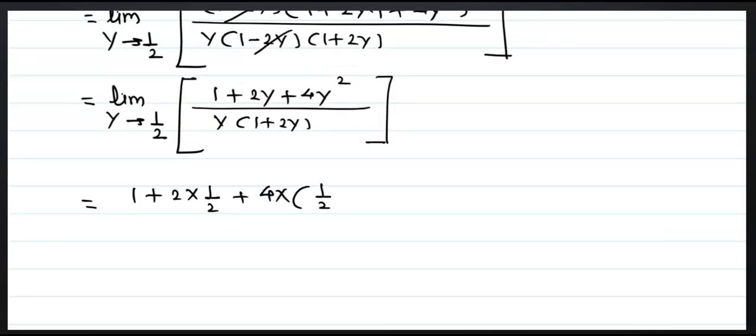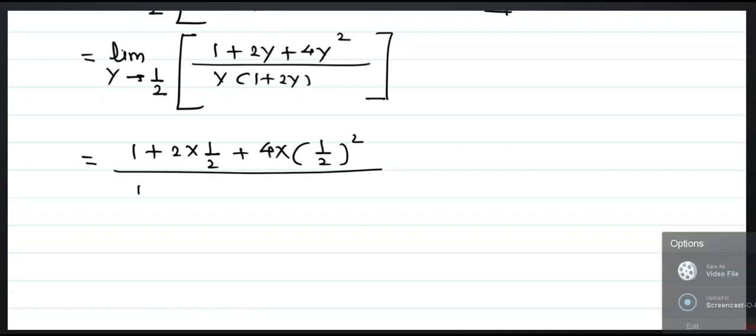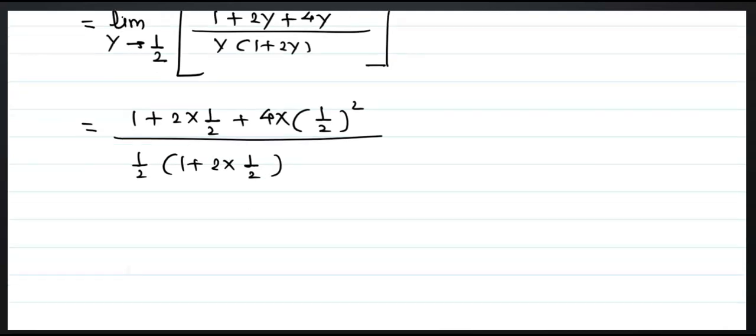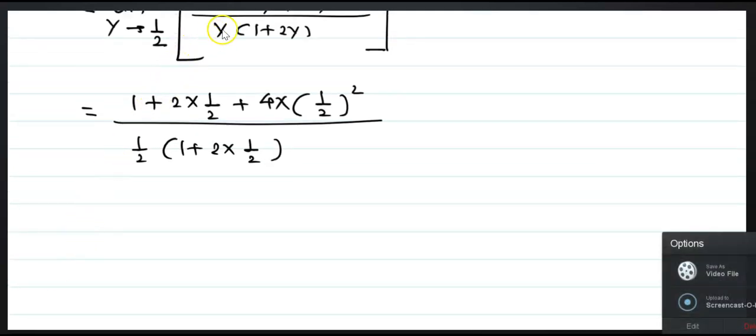Now see this here. In the numerator, that is 1 plus 2 into 1 upon 2 plus 4 into (1 upon 2) square. Now we substitute in the denominator, that is, y is replaced by 1 upon 2, 1 plus 2 into 1 upon 2.